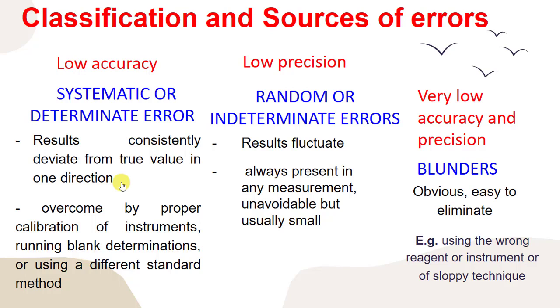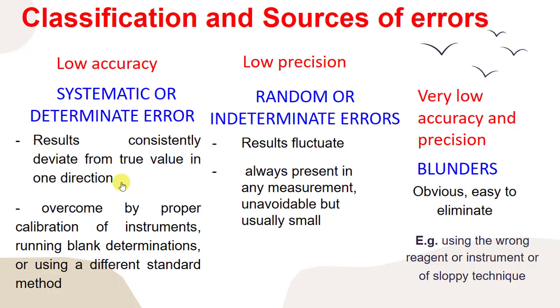Another example is if you have a pipette and the nose of it is broken, and although the pipette is written with 10 milliliter, you always take only 9.8 or 9.9 milliliter. So the amount of liquid that you take is always smaller than the true value that you want.